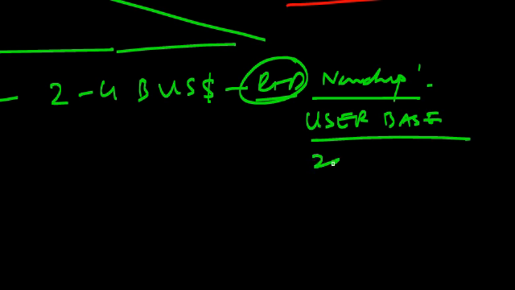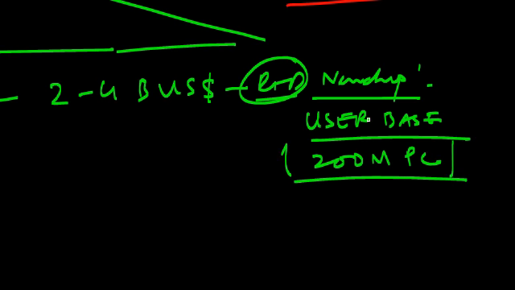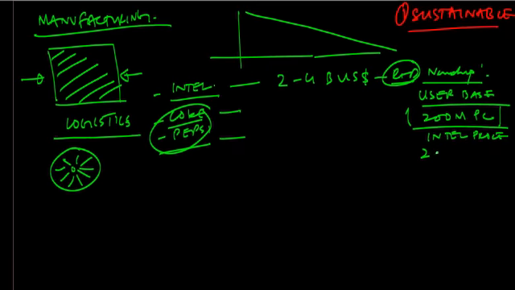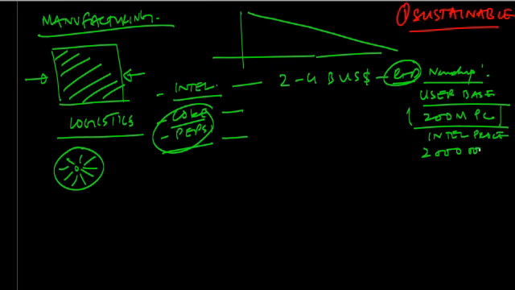So if there are 200 million PCs manufactured and sold in the world, and they all have an Intel processor, Intel's cost of R&D of, let's say, 2 billion US dollars is spread over how many users?